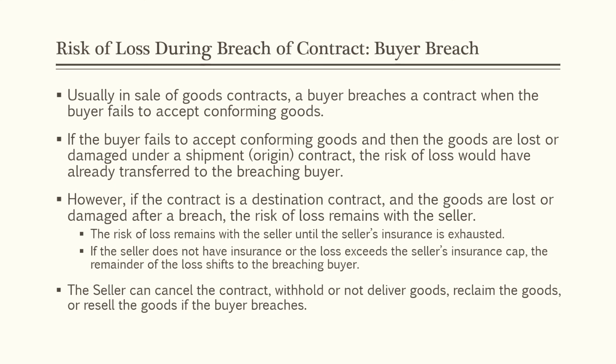Or the seller may recover damages as the difference between the contract price and the market price at the time the goods were intended for delivery, plus any consequential or incidental damages, for example, charges, expenses, and commissions, minus any savings from expenses not incurred.